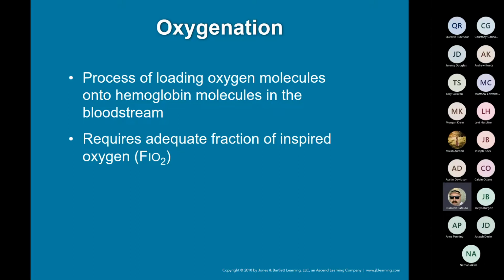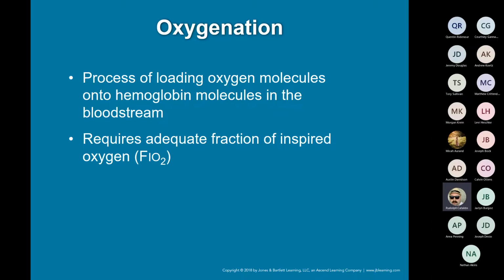This goes without saying. Oxygenation, obviously, is the process of bringing oxygen carrying molecules into hemoglobin molecules. Hemoglobin is what carries oxygen. So when we talk about pulse oximetry, pulse ox only measures the amount of hemoglobin that is saturated. Hemoglobin, all it does is carry chemicals, right?